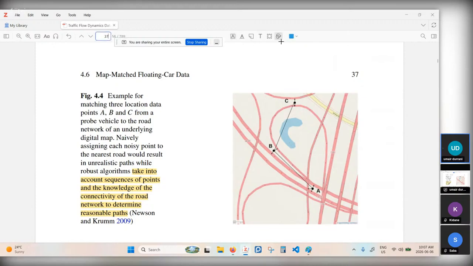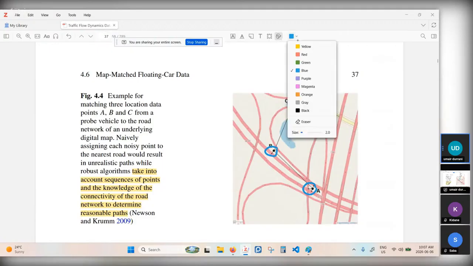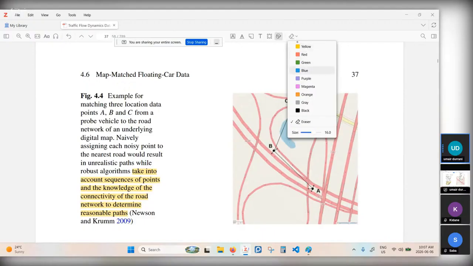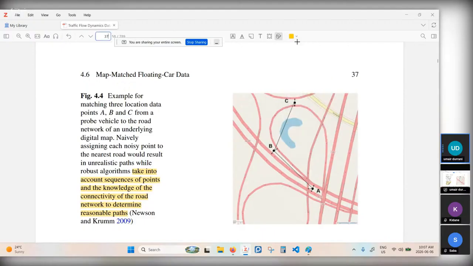So we have these 3 points A, B, and C. These are the raw coordinates that we are getting from the floating car data. Now, the goal is to determine what is the path that the vehicle has taken. So we want to see what that path could be. One possibility is, let me use this color, given the points A and B, the vehicle may have traveled on this road.